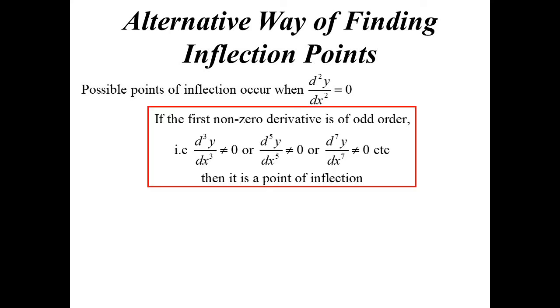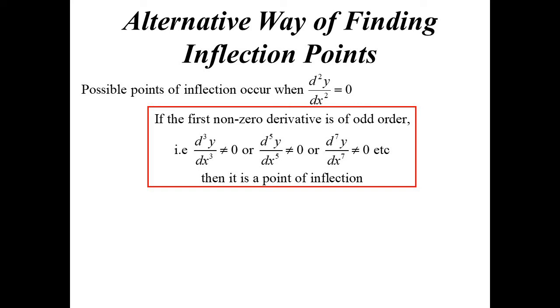That's why we can use the third derivative. In fact, the actual rule is this: if the first non-zero derivative is of odd order, so the first time you substitute the possibility in and it comes up not being 0, then that's a point of inflection.